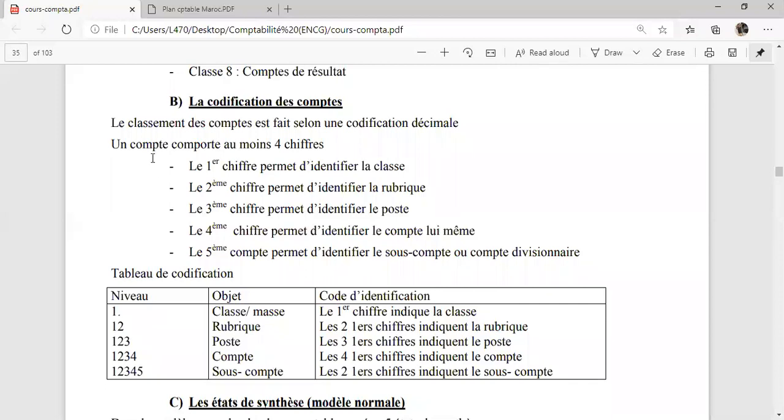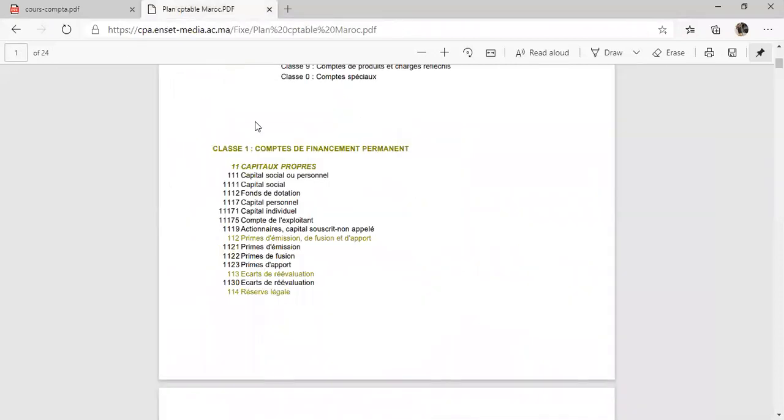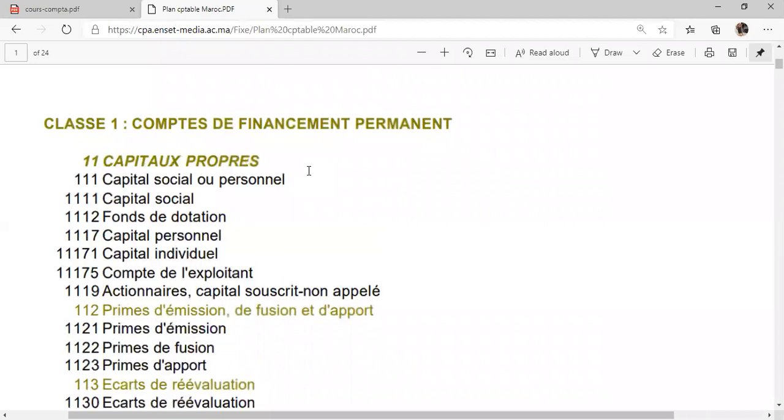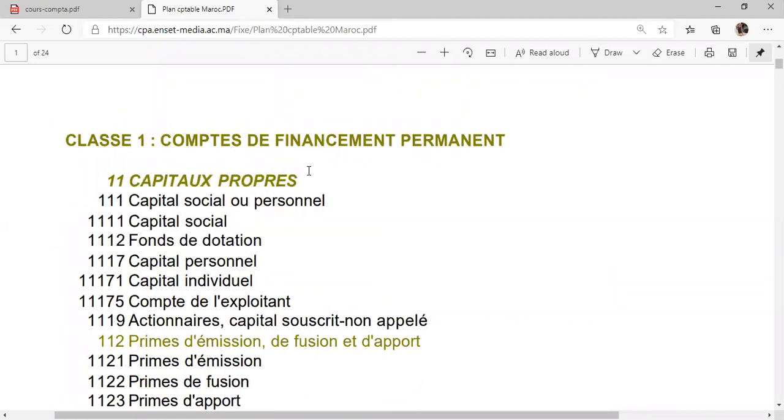Like I was saying before, the first figure is what we call the class or the mass. I'm going to deal with the compte capital social, and explain the build-up, why there's class 1 there and why there's 11.